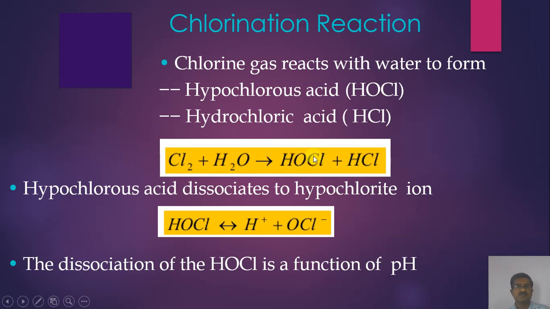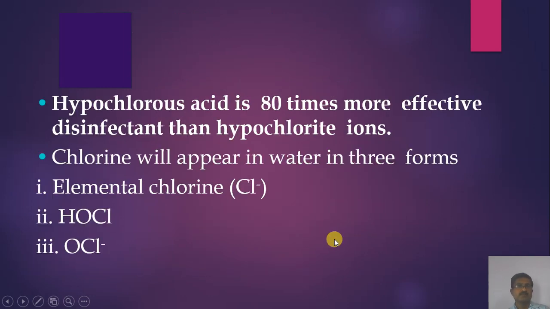Now this HOCl, hypochlorous acid, dissociates to the hypochlorite ion. HOCl further gives H plus and OCl minus. So the dissociation of HOCl is a function of pH. Hypochlorous acid is 80 times more effective as a disinfectant than hypochlorite ions.